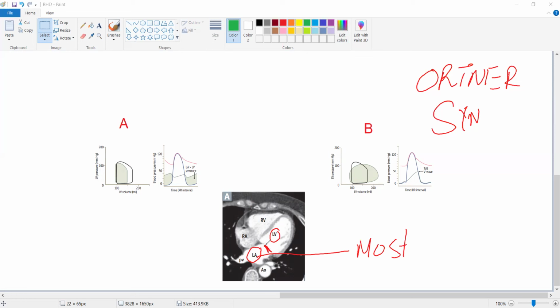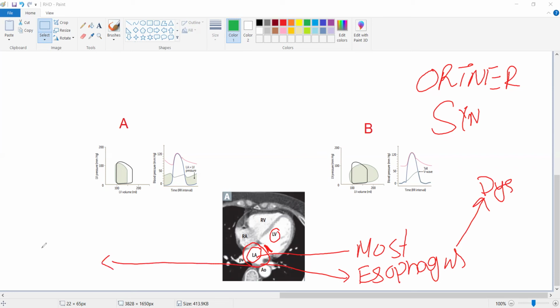Mitral stenosis leads to enlargement of the left atrium, right? And the enlargement of the left atrium will compress the esophagus. If it compresses the esophagus, the patient presents with dysphagia, and hoarseness of voice. Why? Because of the compression of the recurrent laryngeal nerve. So this is known as Ortner syndrome.